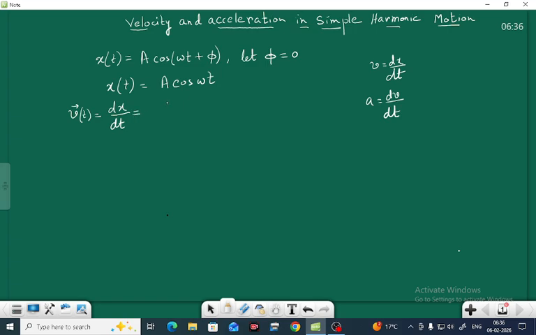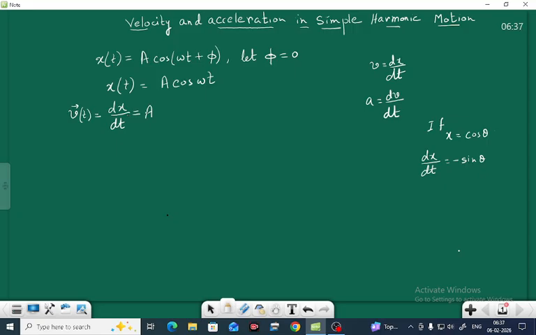A is a constant. What is the differentiation of cos? If x is equal to cos theta, then dx by dt, the rate of change of x with respect to time, will be minus sin theta. We know this, right?